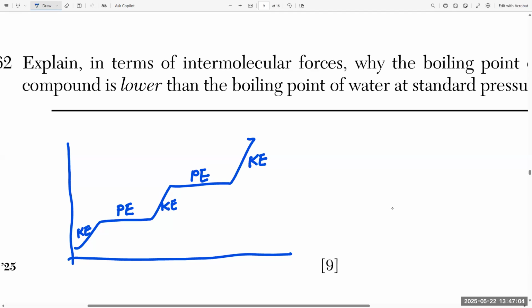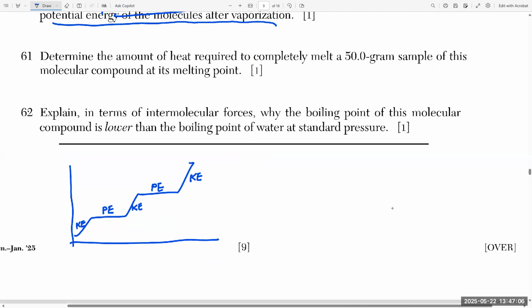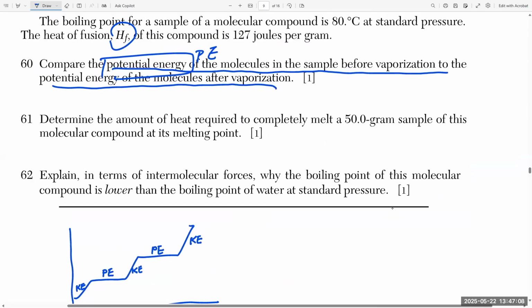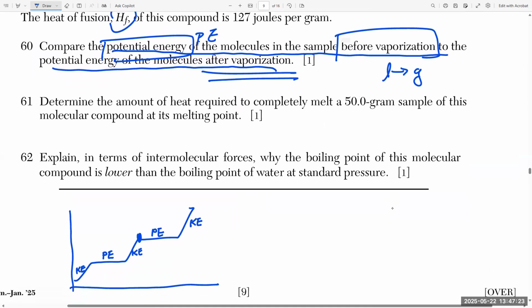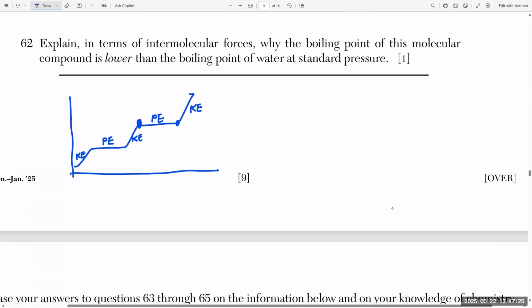All right. So what is that? The question said before vaporization. Vaporization means you're turning into gas, so it's liquid to gas. Before vaporization means you're down here, to after vaporization. So we're taking it from here to right here. What's going on here?